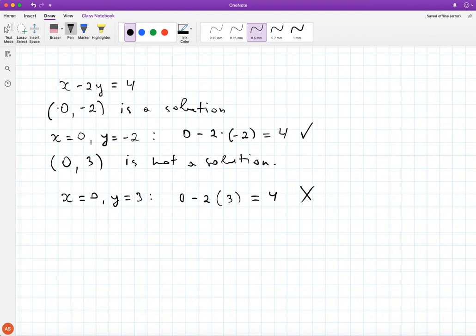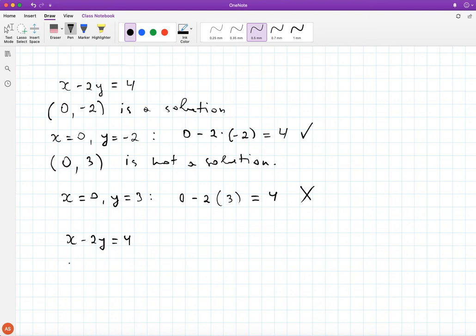The first thing to realize about linear equations in several variables, two or more, is that they have infinitely many solutions. Why would that be the case? Well, let's go back to our equation x minus 2y equals 4. Note that we can actually select the value of x arbitrarily.